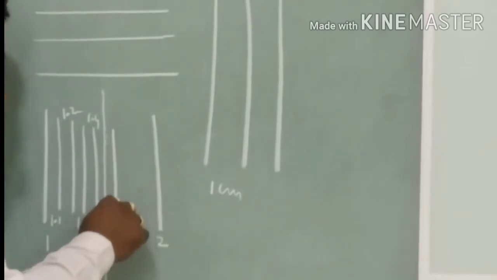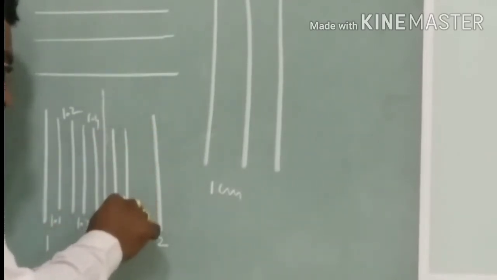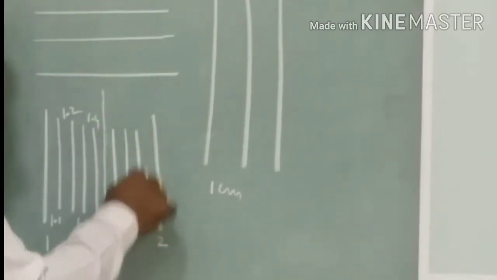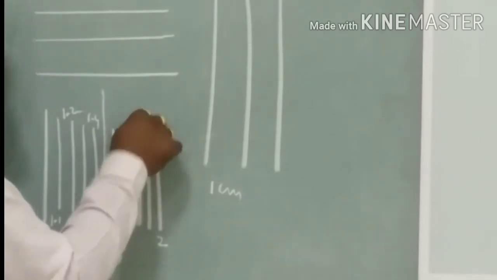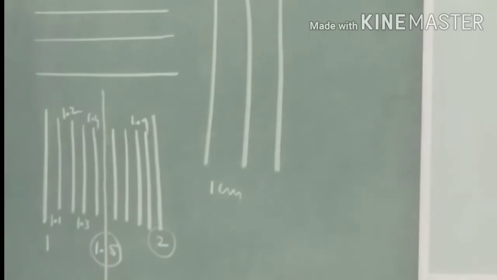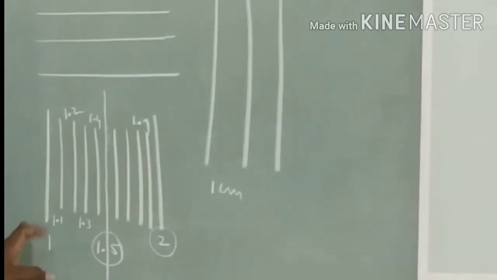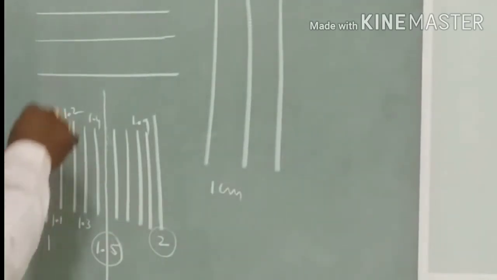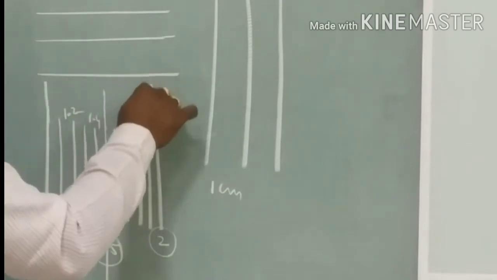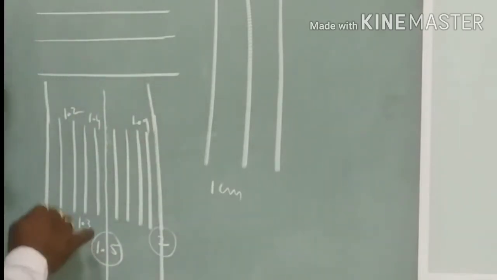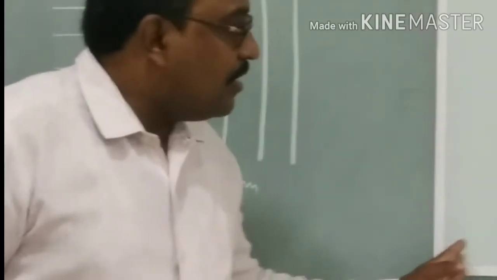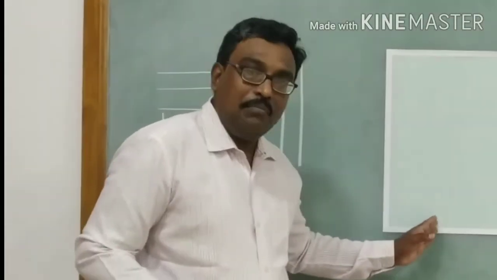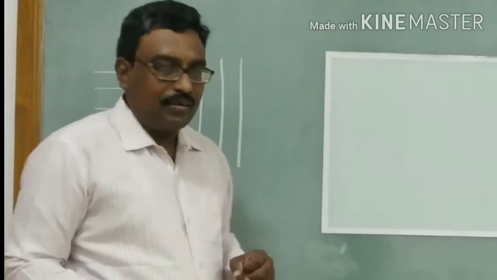This is 1.5, 1.6, 1.7, 1.8, 1.9, and it is 2. So, like this, it will divide the graph paper into lines. Many horizontal lines will be there and at the same time vertical lines will be there.